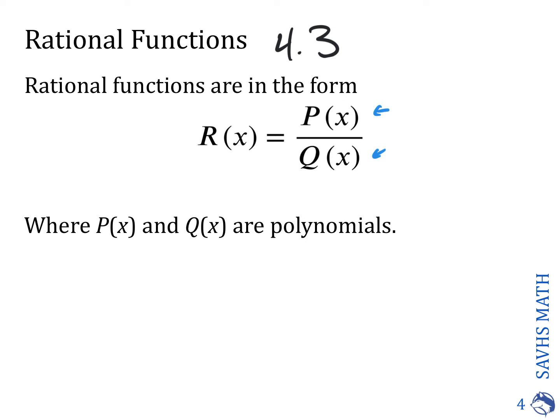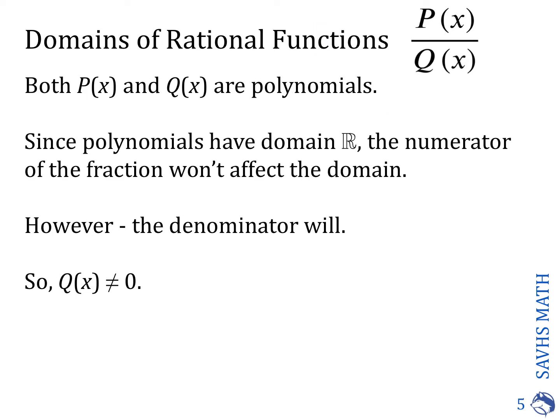So here we are. We have rational functions, polynomial divided by polynomial. Now, domain is a big part of rational functions because we know that we cannot divide by 0. There's this one value you can't divide by, and it's very important that you can't divide by 0. Anything that makes the denominator of this fraction 0 is not in the domain of the function.